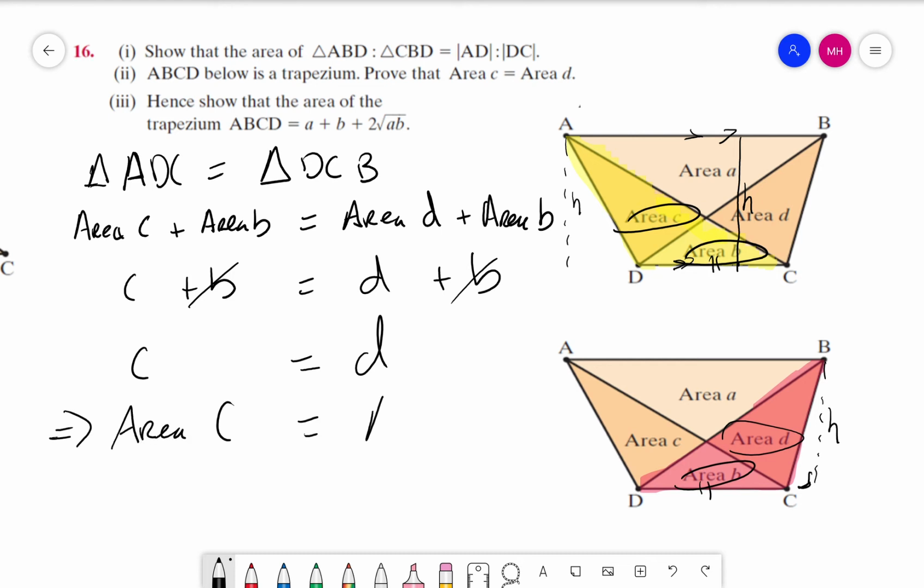Area C equals area D. Fairly straightforward once you identify that the two triangles are identical.